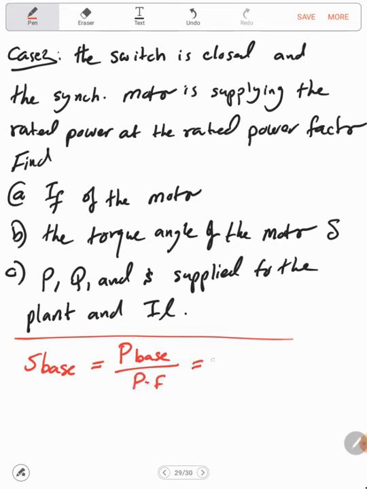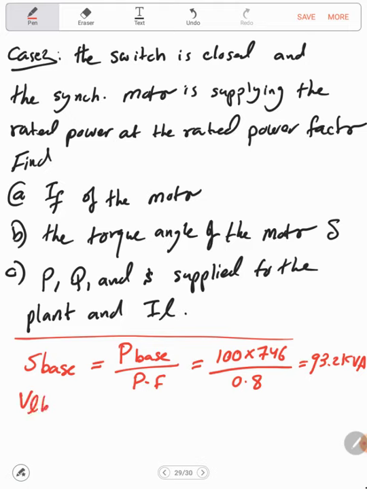So this will equal 100 horsepower multiplied by 746 over the rated power factor for the machine 0.8. So this will equal 93.2 kilovolt ampere.